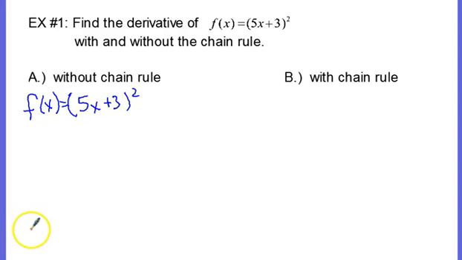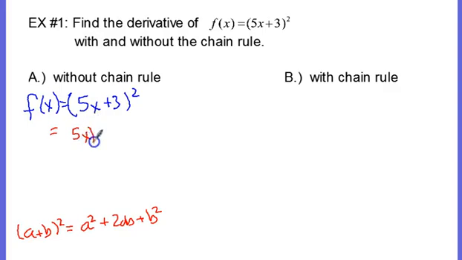Here's a fast way to do it. I'm going to use the perfect square trinomial formula. A plus b quantity squared is equal to the first one squared plus the product of the two doubled plus the last one squared. And so here f of x becomes 5x quantity squared plus the product of the two doubled.